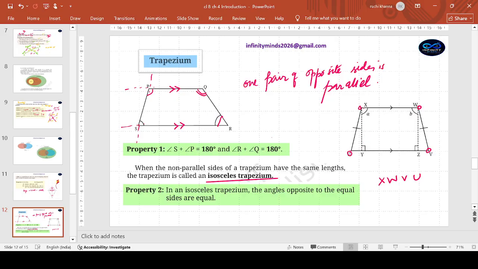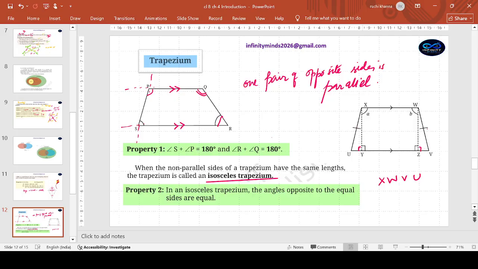and you are getting two triangles, triangle XUY and WVZ. In these two triangles, you have dropped a perpendicular, children. So this angle at Y becomes equal to this angle at Z. Angle XYU becomes equal to WZV.